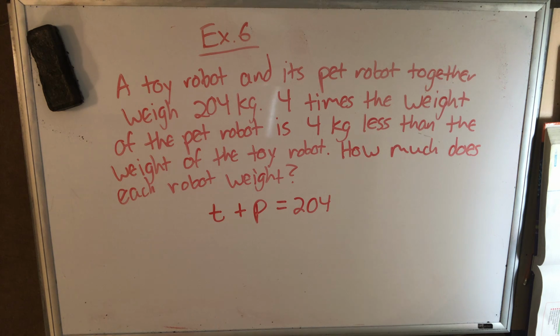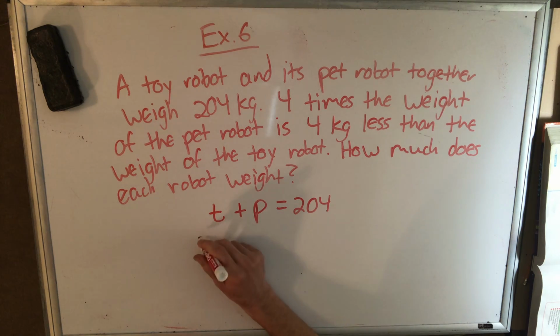Now let's make an equation out of the second sentence. 4 times the weight of the pet robot is 4 kilograms less than the weight of the toy robot. So 4 times the weight of the pet robot is 4P.